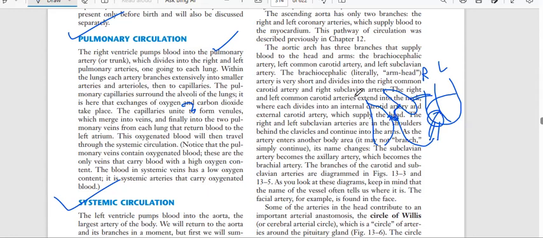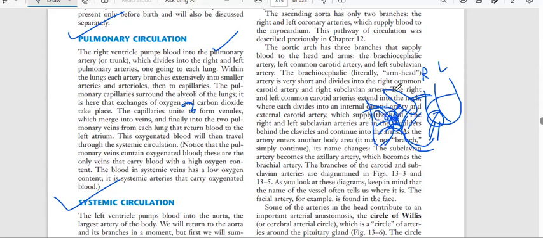Within the lungs, each artery branches extensively into smaller arteries and arterioles. This is the largest branch, and from there we have small arteries which reach each part of the lungs, then into capillaries. So first the large artery, then arteries, then arterioles, then capillaries.